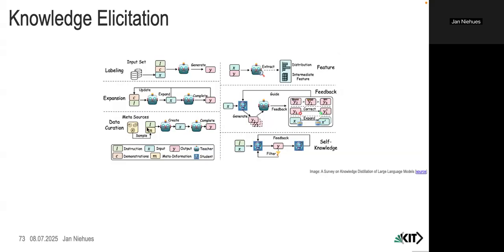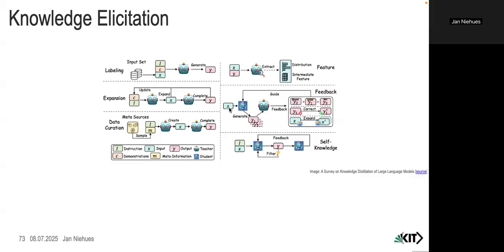You can also do what is called data curation, where you are given some meta information, like: now do a dialogue like a student and teacher, now do a dialogue like a business person or something like that. What we have seen until now is you can also try to extract intermediate features and distributions. Of course, depending on your teacher model, that's the same way as in knowledge distillation. You can use probability distributions or hidden representations and things like that.